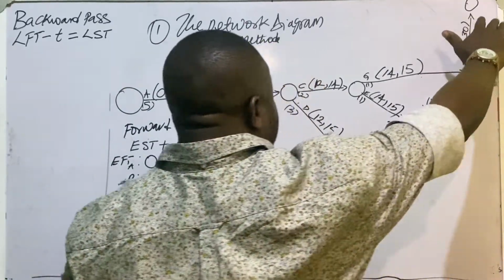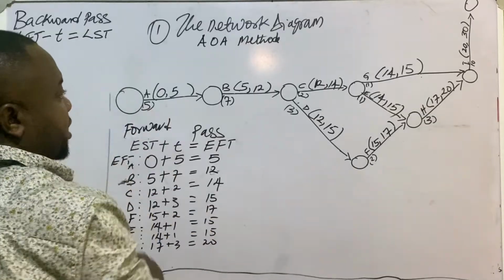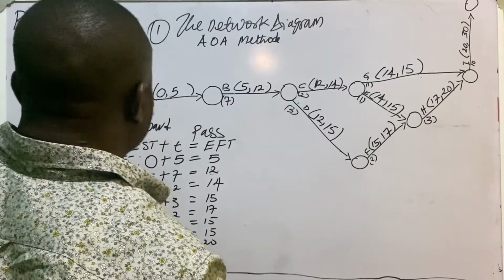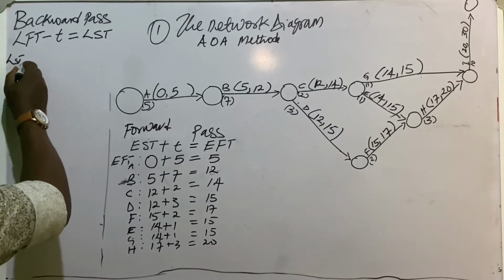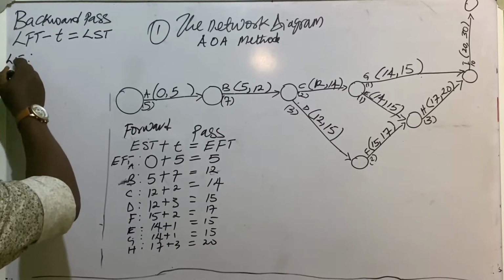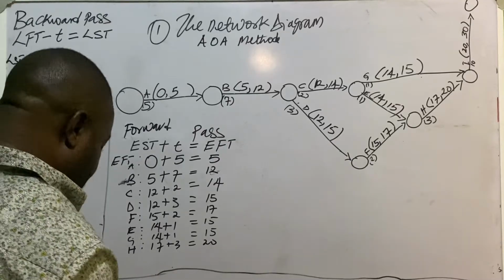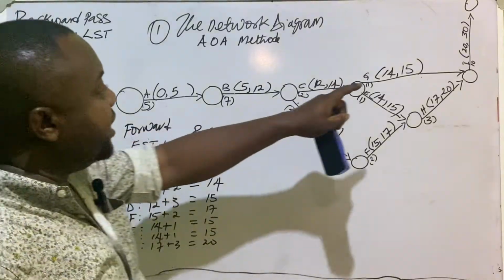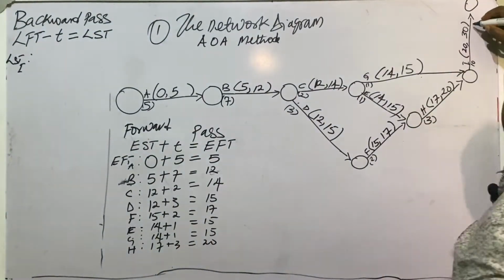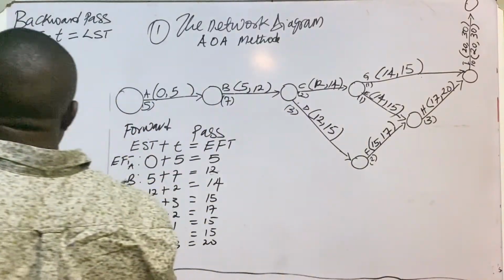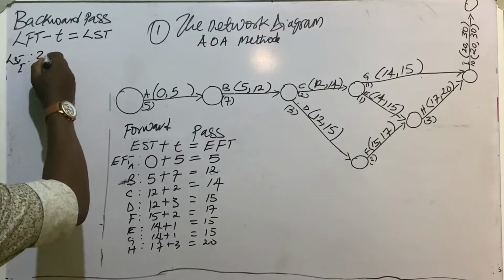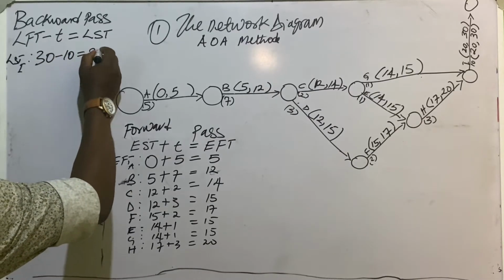We're going to start from activity I and walk backwards to our activity A. So for our activity I, LST I will be LFT minus T. The LFT for this is 30, because we just impute this latest finish time here, which is 30, minus the time of the activity, which is 10, will give us 20.